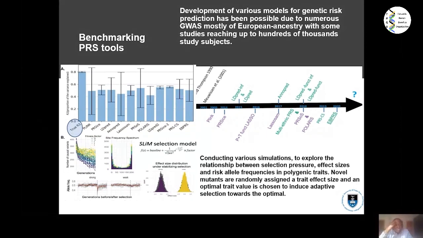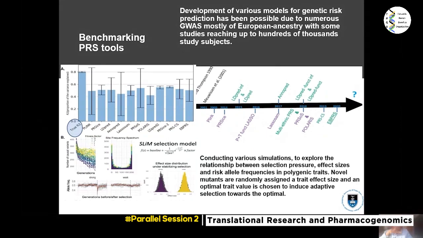Under strong selection to a high trait value, one can expect a more U-shaped site frequency spectrum, as we see over there, and a high trait increases allele frequency. However, the reverse is true as well.